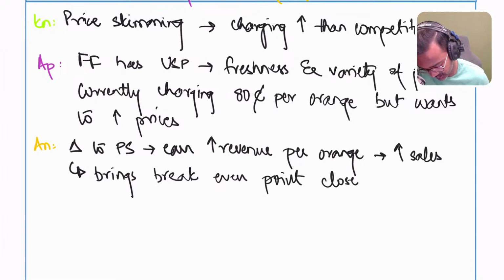Notice how I wouldn't be able to bring the break-even point in if I was attempting the 12 marker before attempting the calculation. So I always say go in the sequence, and then whatever you've unlocked in the case study, use as much of it as you can in your 12 marker. And here I'm using it to support my analysis. Since you're bringing break-even closer, obviously it will end up increasing the profitability.